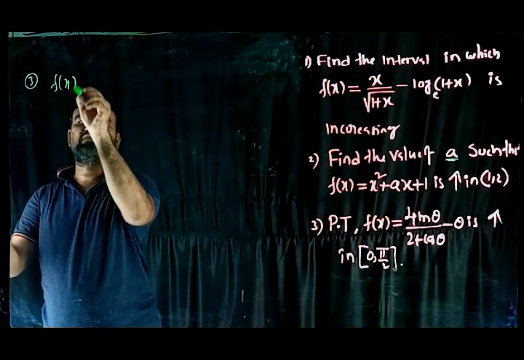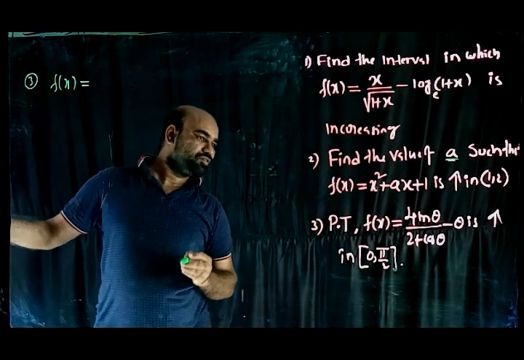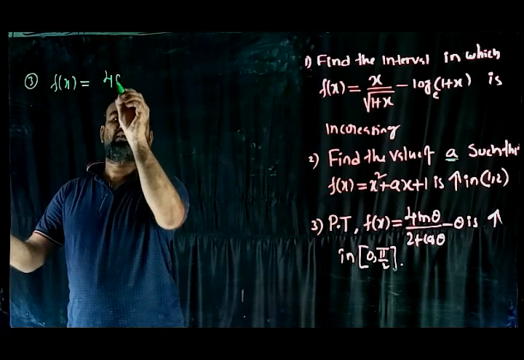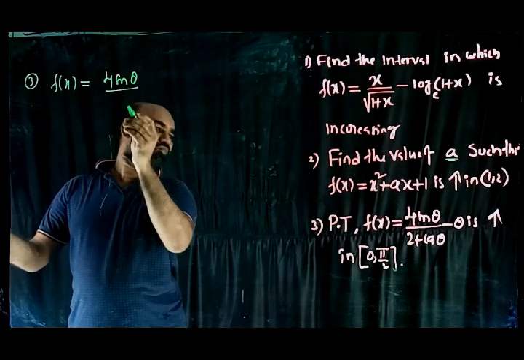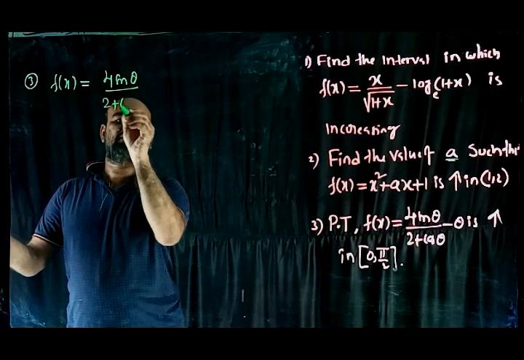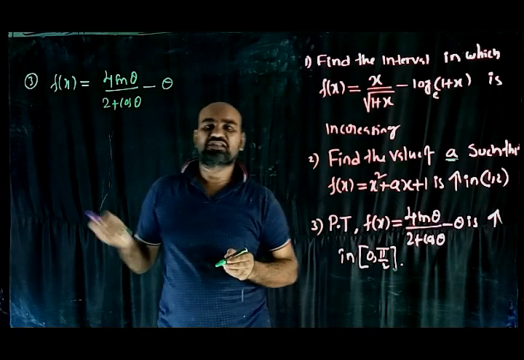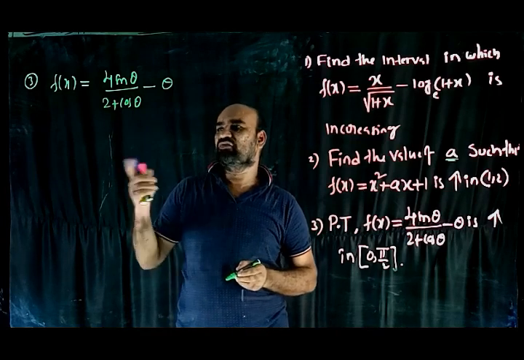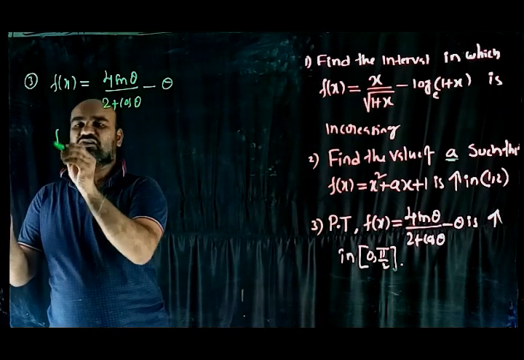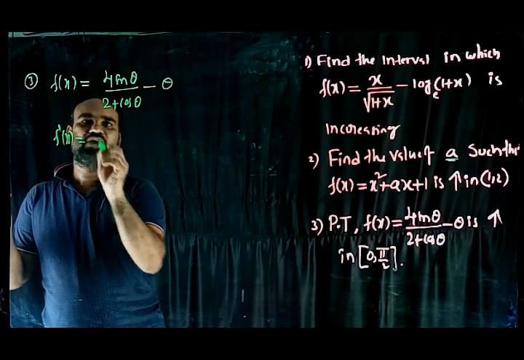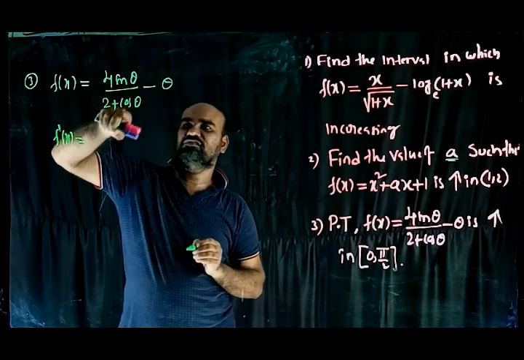f of x is given as 4 sin theta by 2 plus cos theta, minus theta. Same procedure: we want to find the first derivative of the given function, f dash of x. Here I am using the u by v rule.